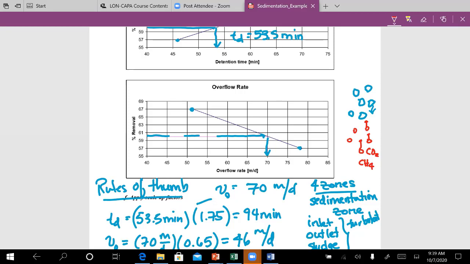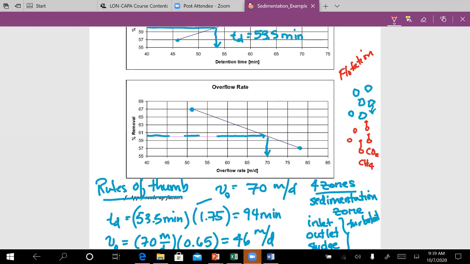Now, there is a process called flotation where we actually design the system to do this, but sedimentation basins are not designed in this way.